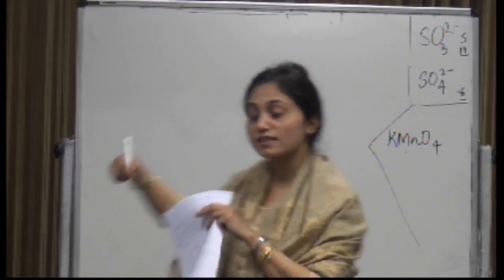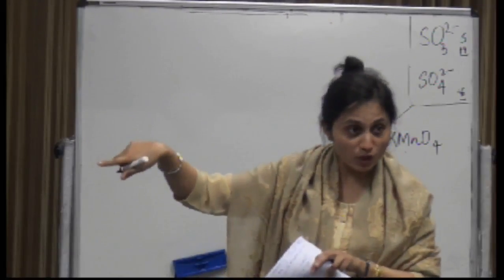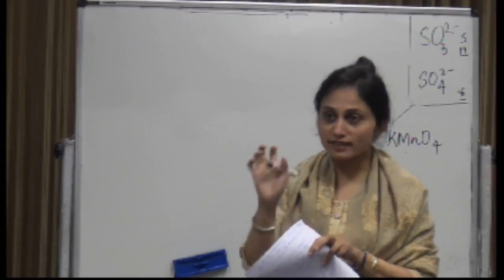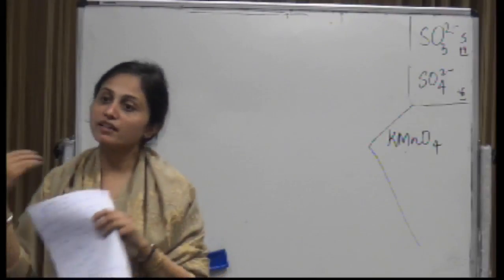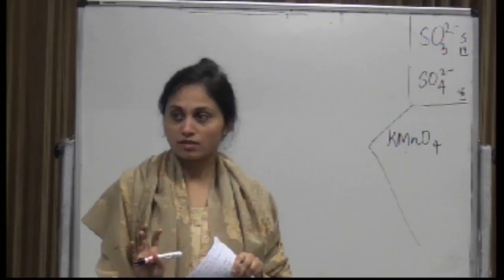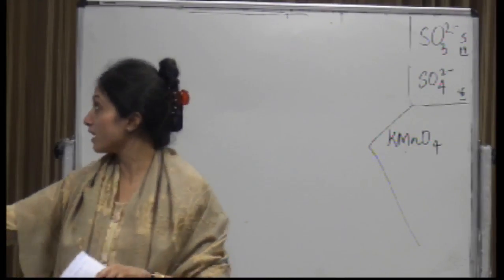Similarly, this is an oxidizing agent. So what will it do? It will oxidize the other molecules with which it will react. So an oxidizing agent is the one which will oxidize the other molecule, but in itself will reduce. Understood? At the cost of itself, it will oxidize the other molecule.